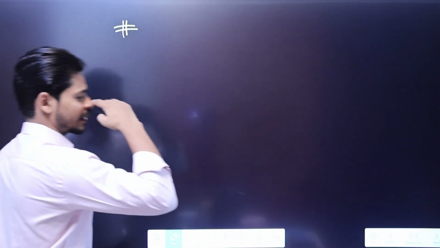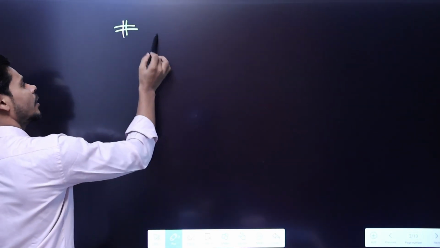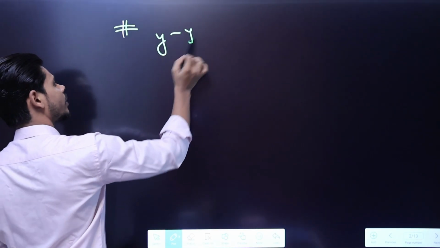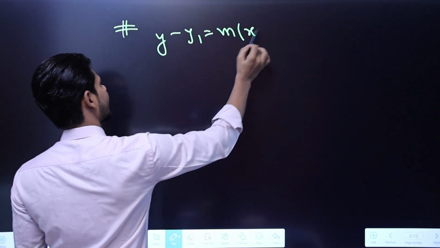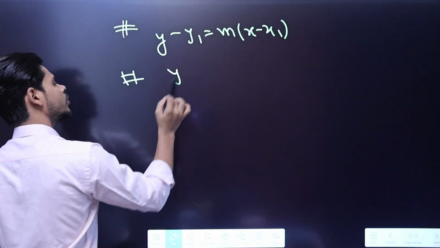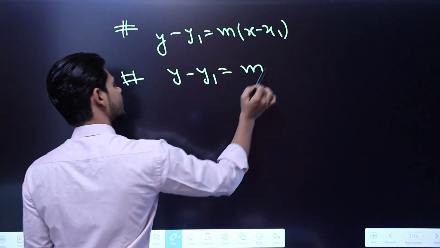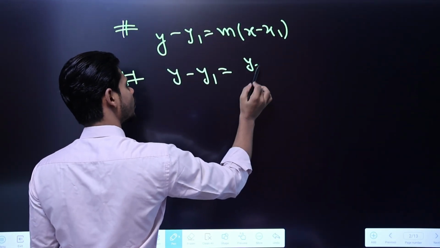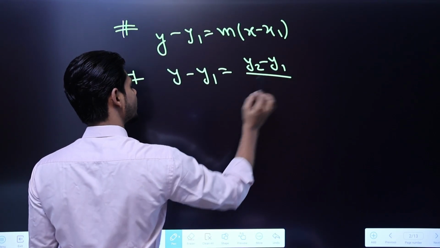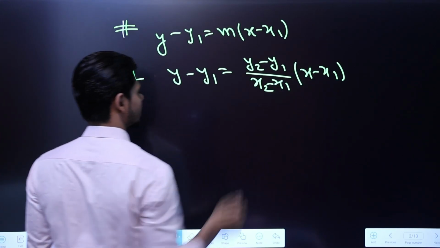And after all these things I gave you the general equations of a straight line. The first one was y minus y1 is equal to m bracket x minus x1. Then another one was the two-point form, y minus y1, where m is the slope, so we can write y2 minus y1 divided by x2 minus x1 when 2 points are given, times x minus x1 as it is.